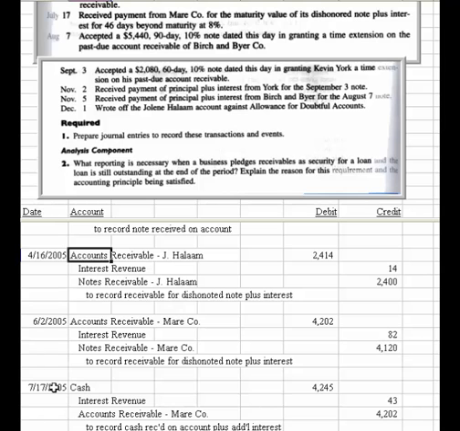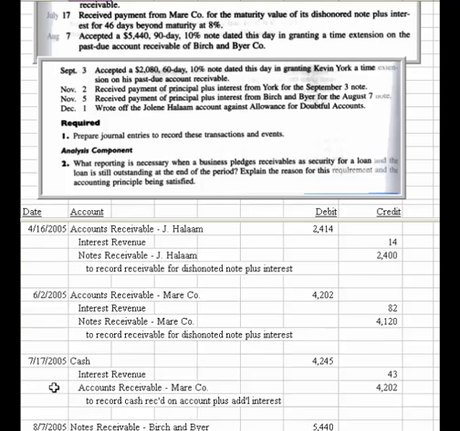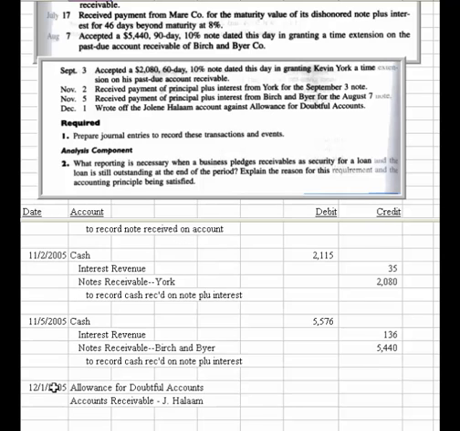Yep, there it is, 2414. Indent that so it's in the proper form, and then we'll say to record account write-off. Okay, indent that a little bit, and we've taken care of the requirements in Part 1.